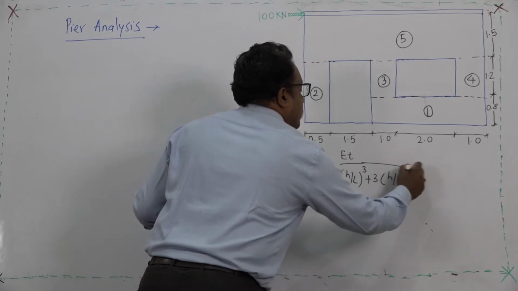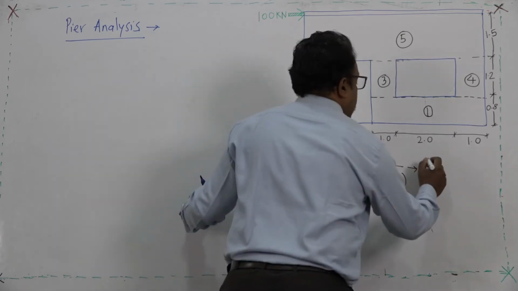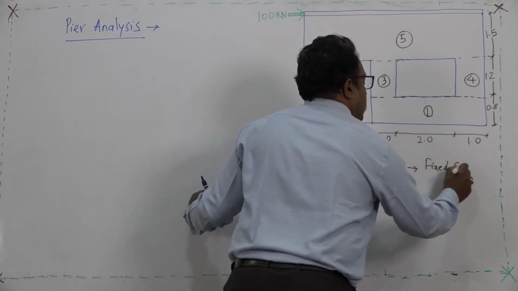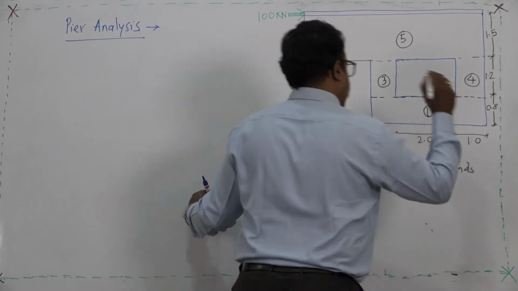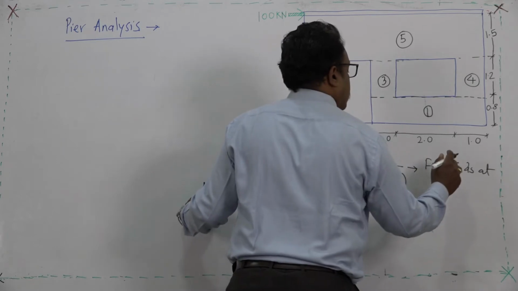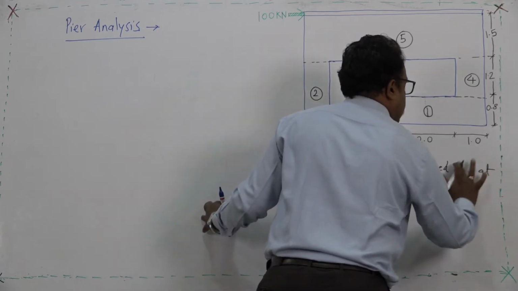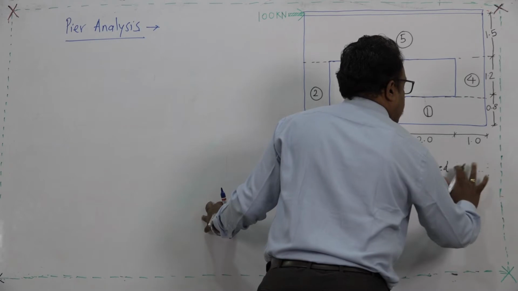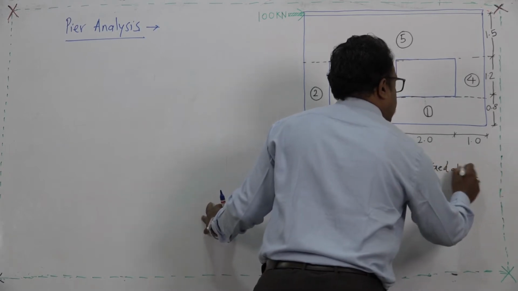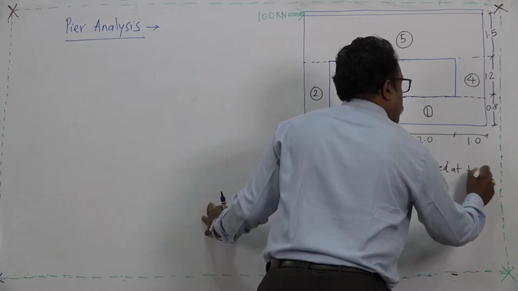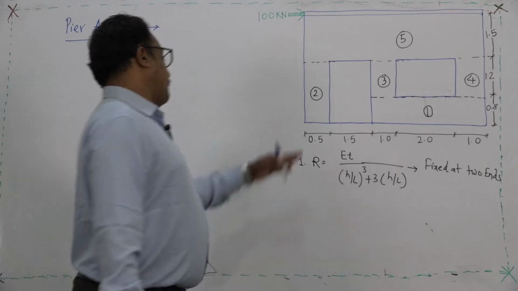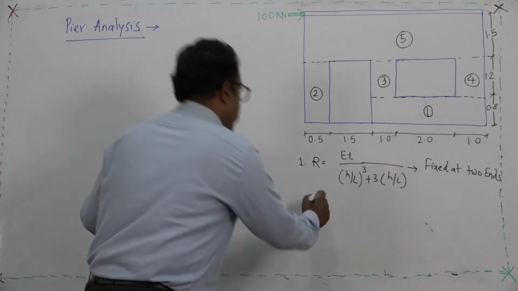This formula is applicable when there is fixity at both ends, fixed at two ends. There will be a little deviation in the formula for the other case.